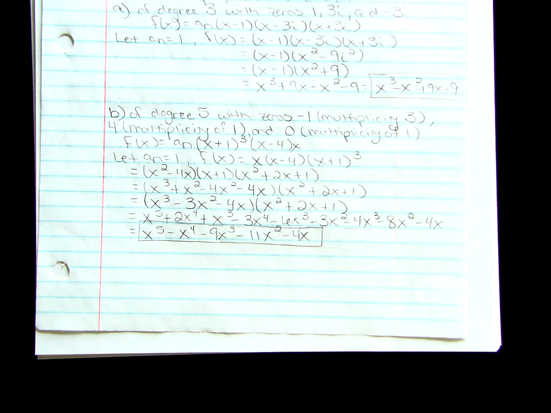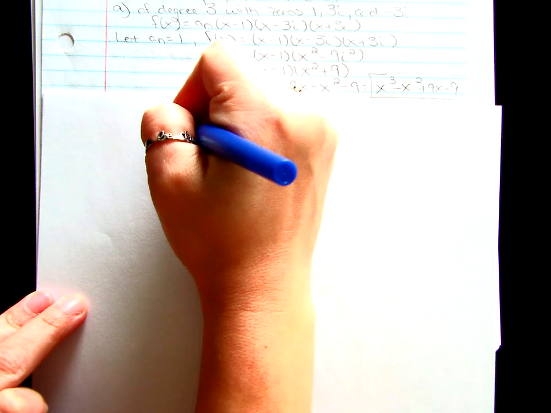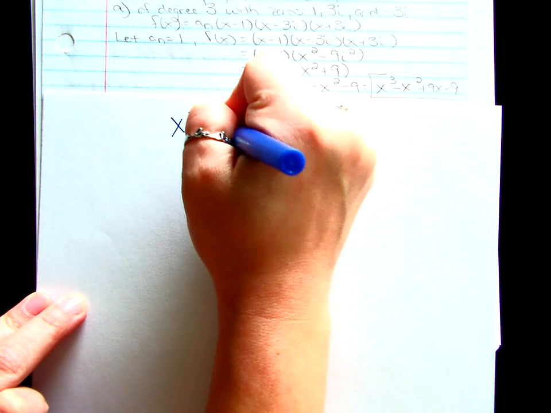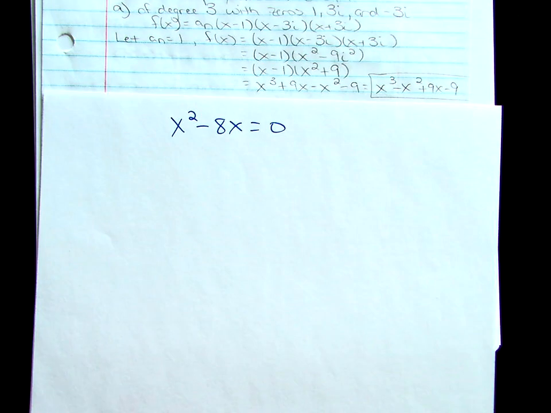So why do we still get an x if the factor is 0? Is it like a placeholder? It's not a placeholder. Let me show you a basic one. If we have x squared minus 8x equals 0, how do I factor this?